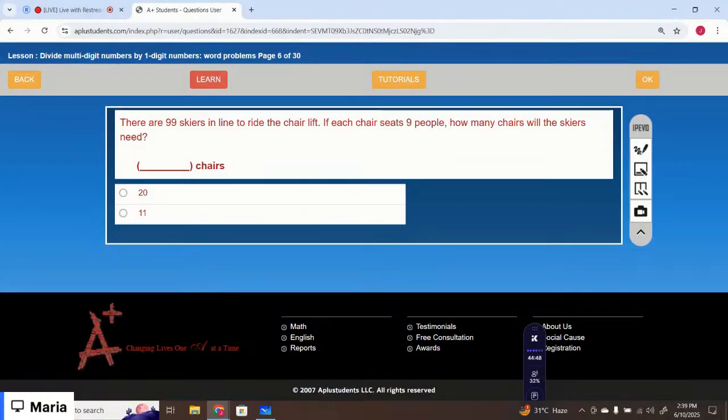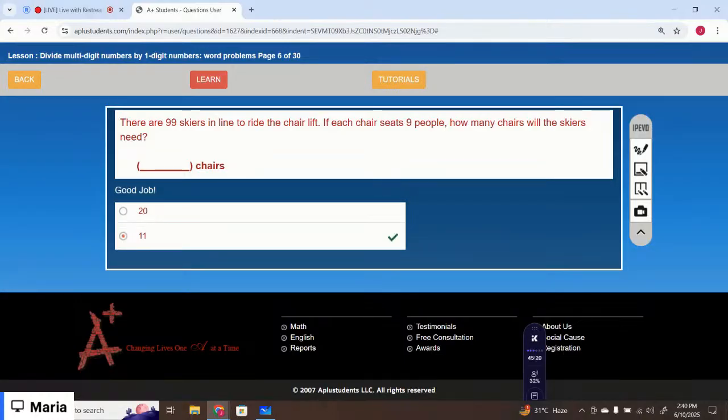So 99 divided by 9 is 11. Option number 2 is the correct option.